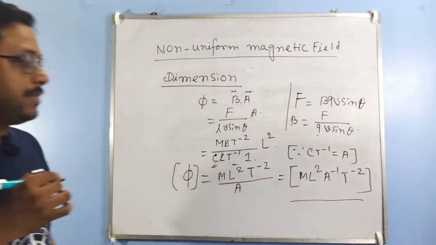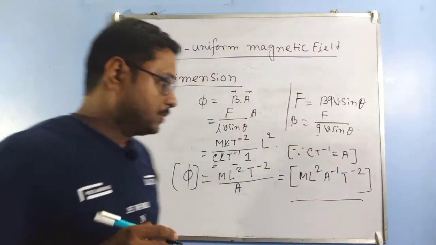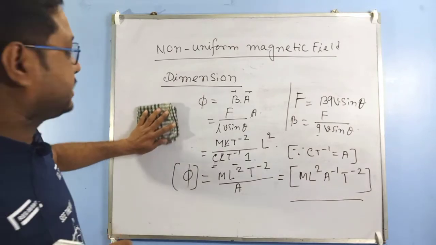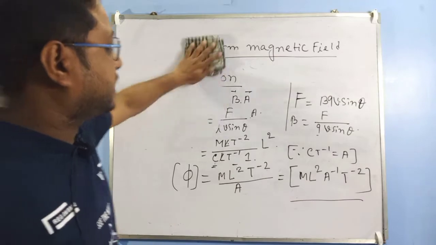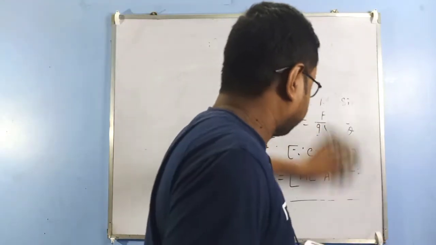This is the dimension of magnetic flux, M L square A minus 1 T minus 2. I hope you understand it. We can derive the relation of magnetic field, magnetic flux and so many more.